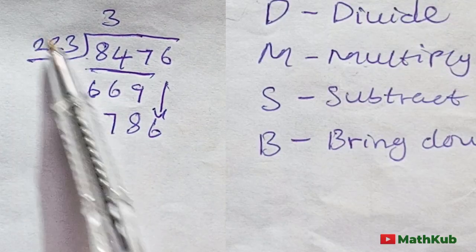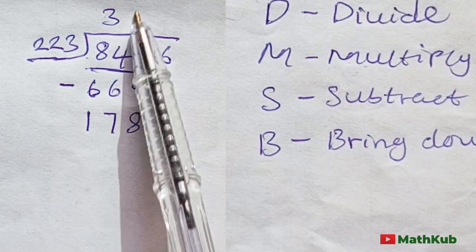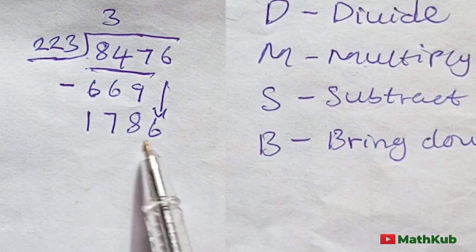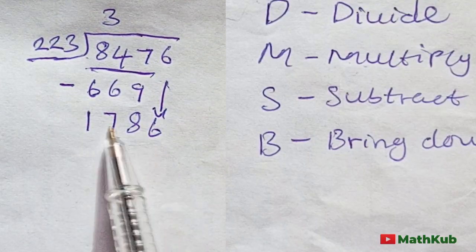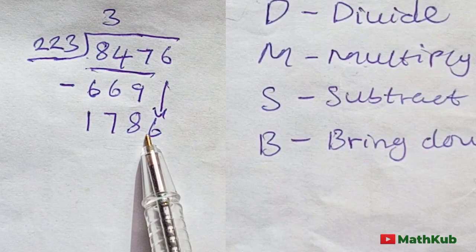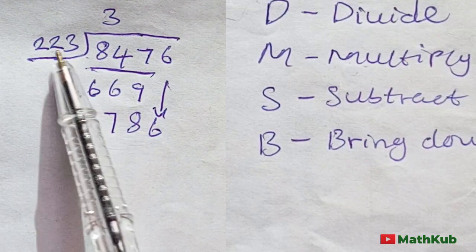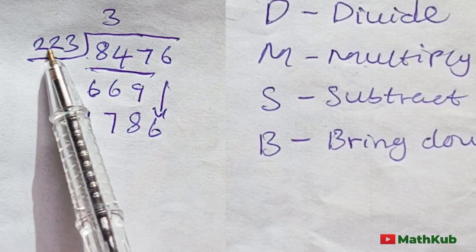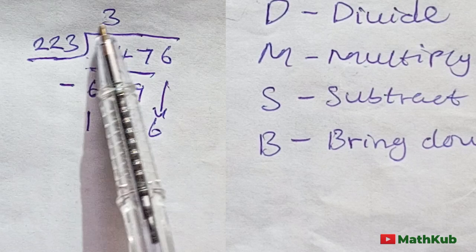So now let's check 8. The whole of this times 8. If 8 is the answer here, we will say 8 times this, and see if it gives us 1786. 8 times 2 is 16, so 1600.